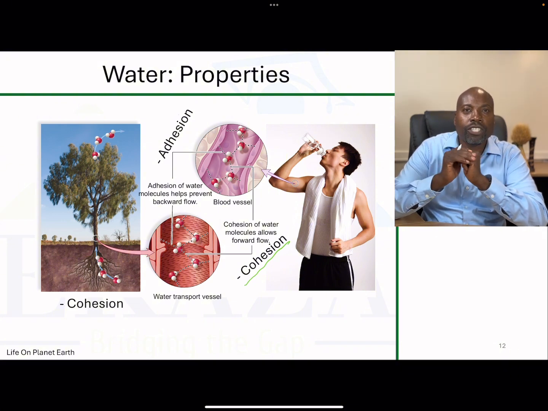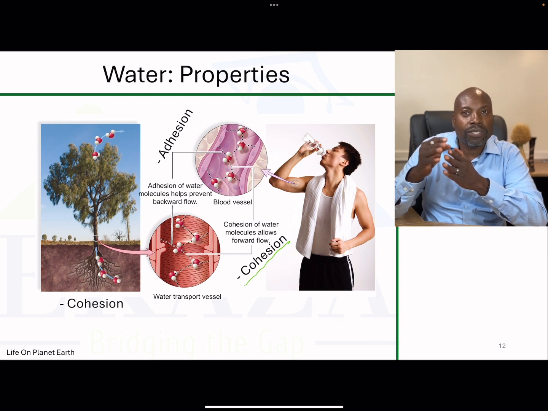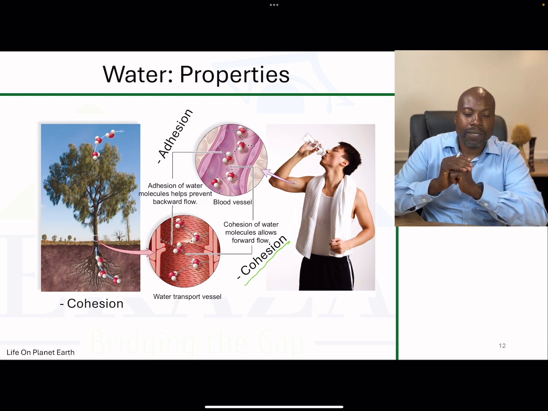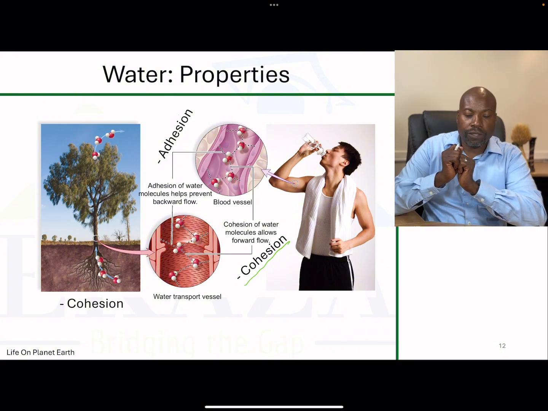The second question, similar to the first one: between molecules of water, what kind of chemical bonds are you finding? Okay? Between molecules of water, what kind of chemical bonds develop? I'll let you think about that. I challenge you to find an answer to these two questions.